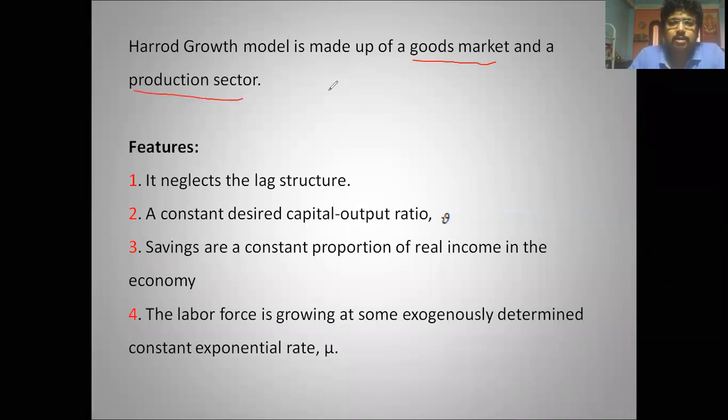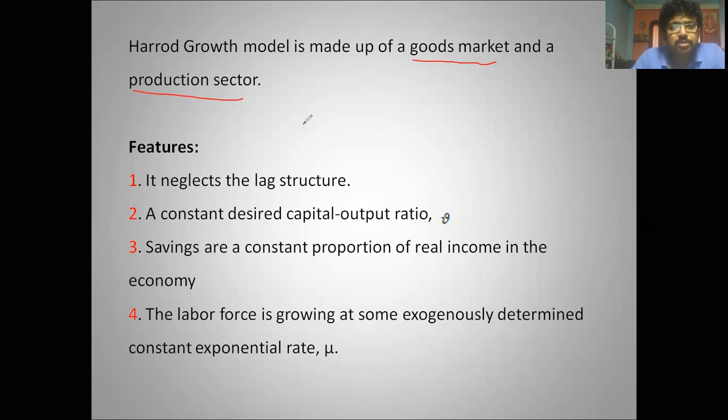For that reason it is a simple growth model, and there is no money market. There is no role of the money market. At first, we have some idea over the features of the Harrod growth model.